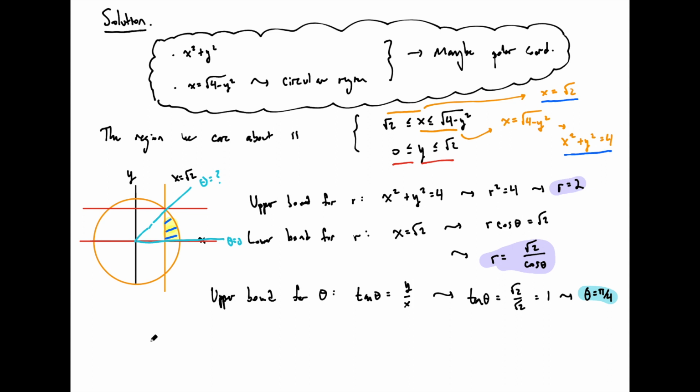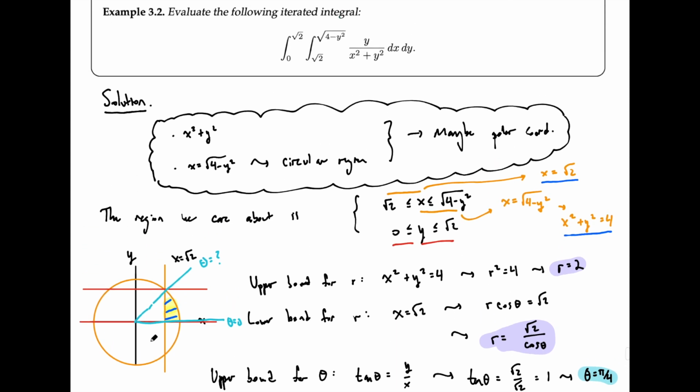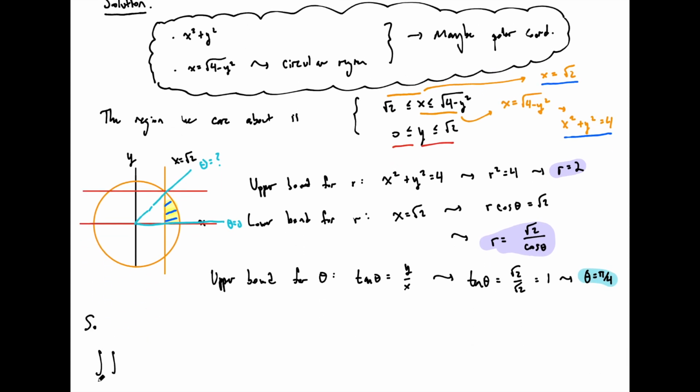And there we go, we've done the hard work. We've figured out how to describe the region. Now we just have to take the original Cartesian integral up here, convert it into polar. So here's the original iterated integral we began with. We're going to convert this into an r theta iterated integral. dx dy, as usual, we pick up an extra r, so this turns into r dr d theta.